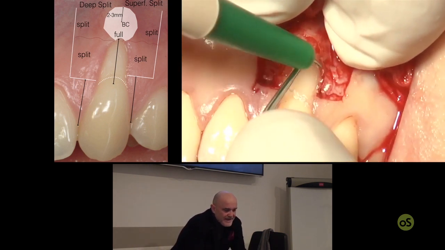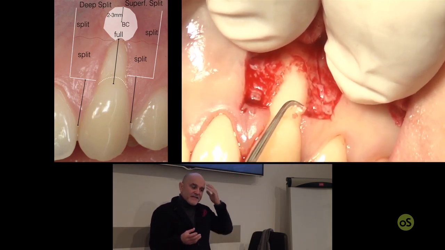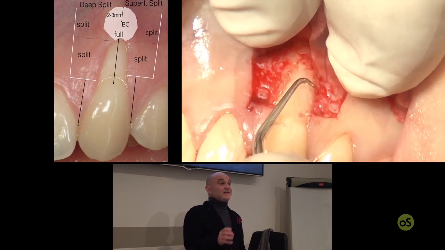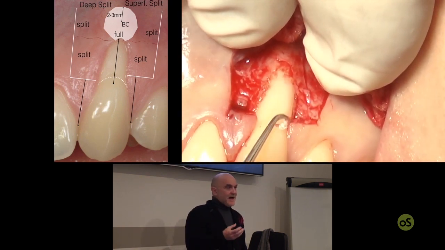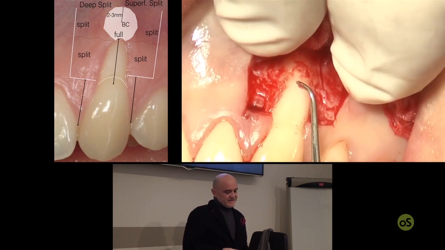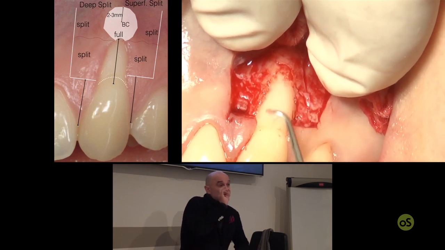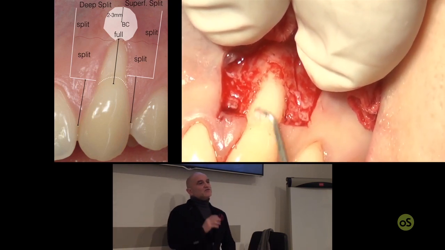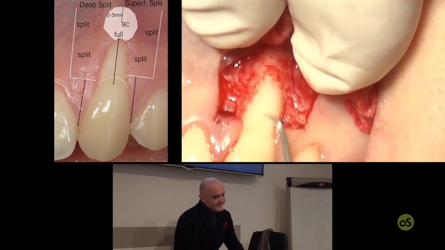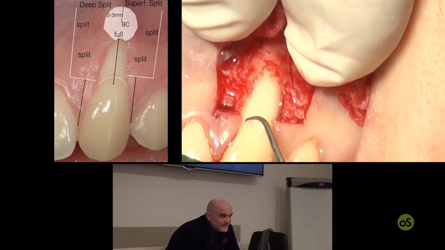But this root planing also creates a lot of smear layer that accumulates inside the dentin tubuli that are exposed once the demineralized and soft dentin has been completely removed. So the objective of root planing is to expose good quality dentin with a lot of dentin tubuli completely exposed.